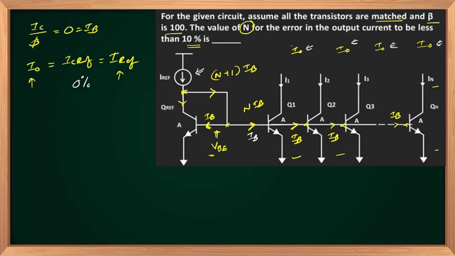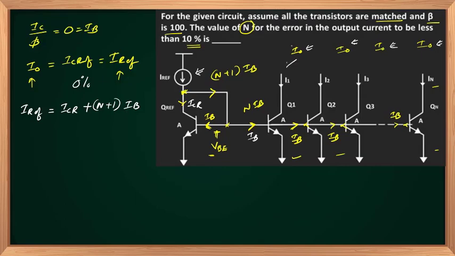Applying Kirchhoff's current law at the collector node of the reference transistor, I have the total current I reference coming into the node, and that is the same as IC reference plus the other branch current, n plus 1 times IB. As I said, IC reference is the same as I1, I2, I3.